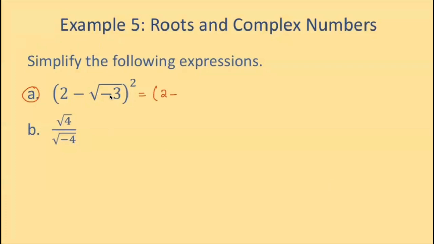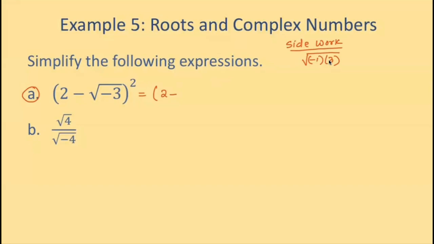Let me do some side work here to understand that square root of -3. -3 is the same as -1 times 3. Right? -3 is the same as -1 times 3.